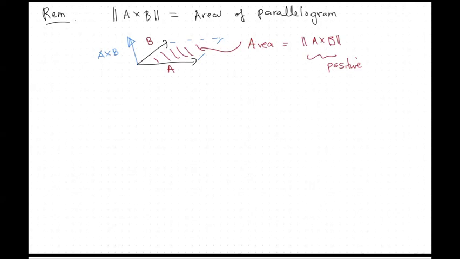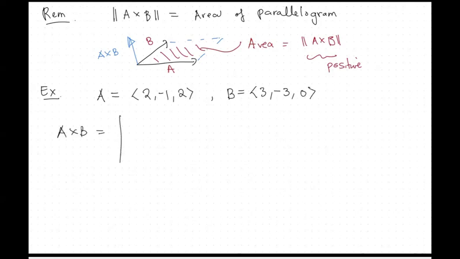Okay, let us consider computing an example of how we do it. So suppose we get two vectors, A given by 2, -1, 2, and vector B given by 3, -3, 0. Then we take the cross product of A and B, let's put it in the determinant form here, and put the first vector and the second vector.